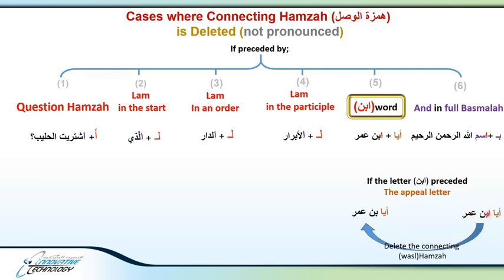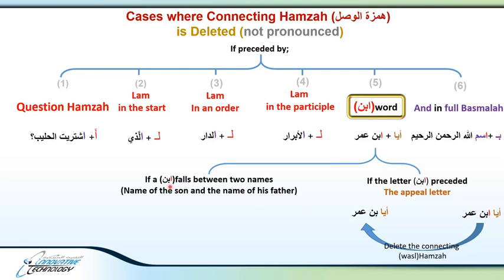We delete the aliful wasl and hamzatul wasl. Now another situation is where ibn, the word bin, appears between two names, like the name of the son followed by his father, like Umar ibn al-Khattab. We don't say Umar ibn al-Khattab with the alif, but we say Umar ibn al-Khattab, and we delete the alif and its hamzatul wasl.